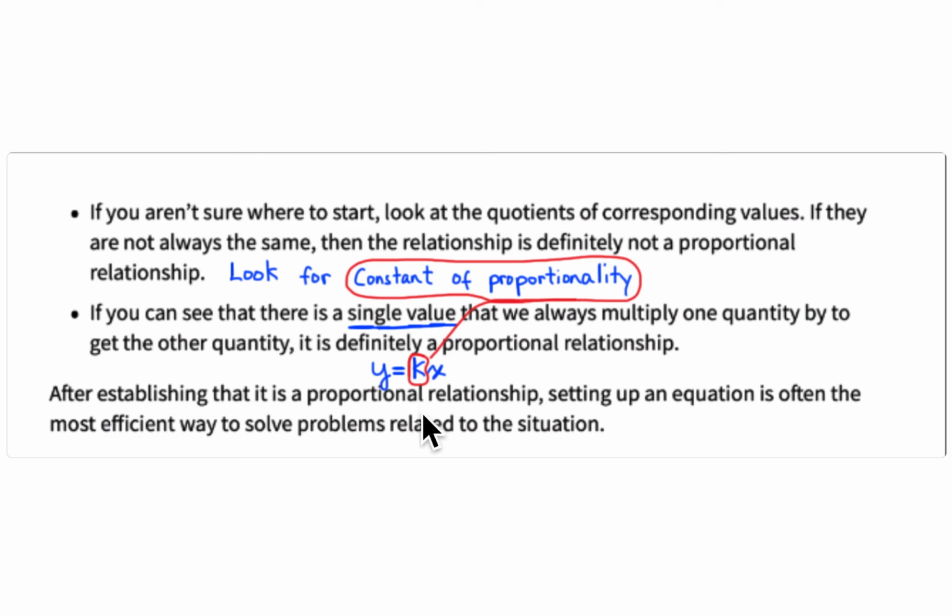And we just call that y over x, that relationship or ratio, a special value called the constant of proportionality. And usually we calculate what that is as a unit rate: how much per minute, how much per mile, how much per package, how much per dollar.